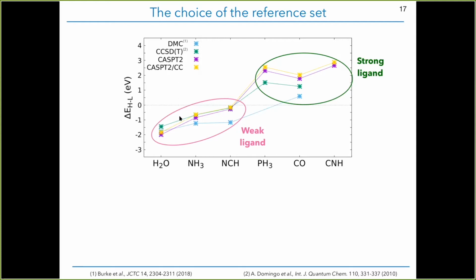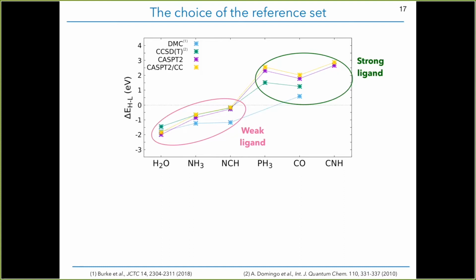For these three compounds, CASPT2 and CASPT2 coupled cluster match well with coupled cluster, while diffusion Monte Carlo does not.